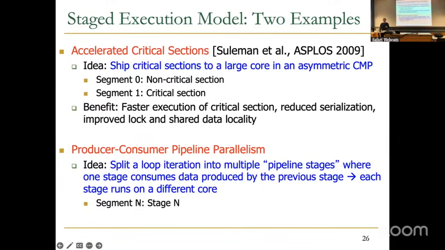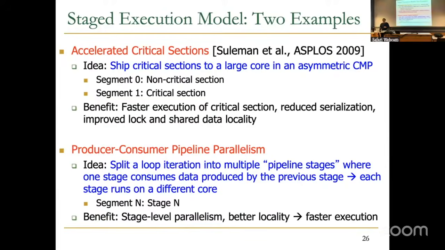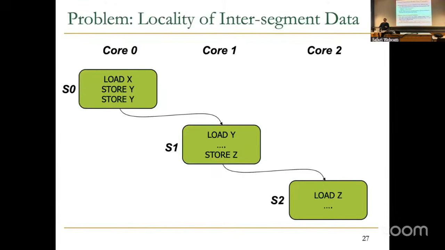In this case, segment N is really stage N. So you can have millions of segments potentially, assuming you can do that parallelization nicely. The benefit is really stage-level parallelism. And you also get better locality because hopefully each stage is operating on some shared data. That doesn't have to be the case, of course. You may not get better locality, but you can still get good parallelism this way. So you get faster execution.